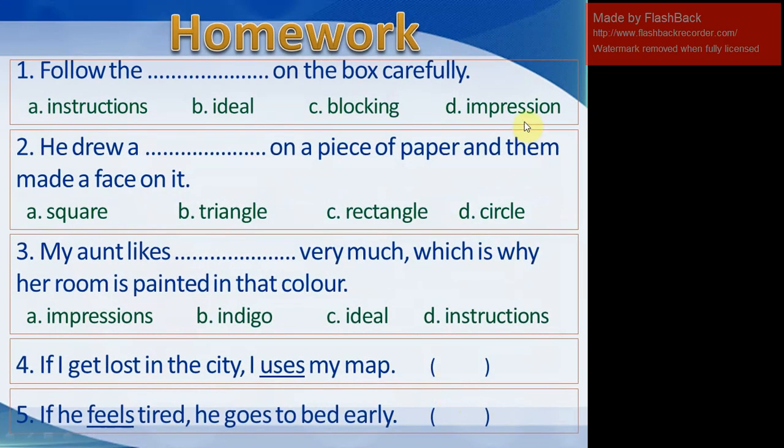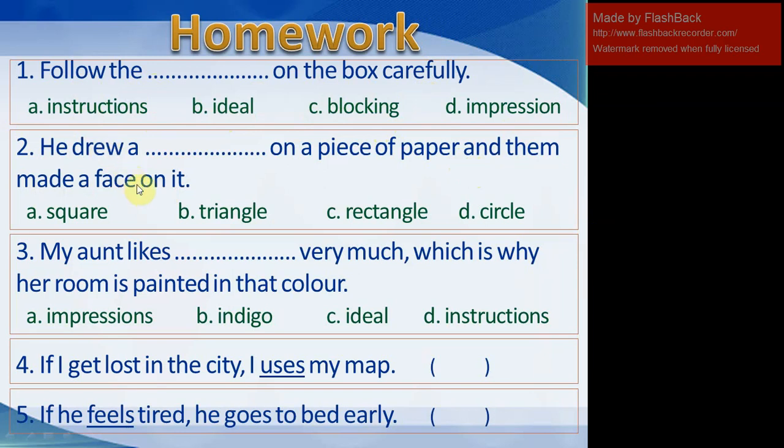Very good. The last step here, my dear students, the homework. You will find these sentences on the school website as homework. Let's read them together. Number 1, follow the instructions in the box carefully. We did it before. It's very easy. Follow the instructions. Very good. Number 2, he drew on a piece of paper and then made a face on it.